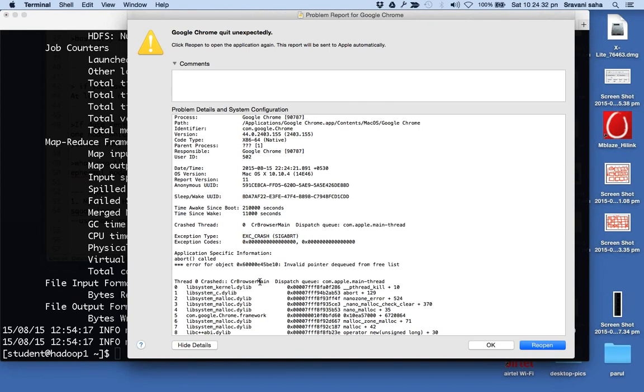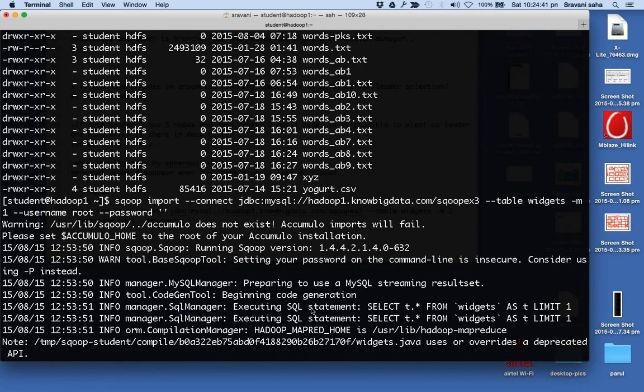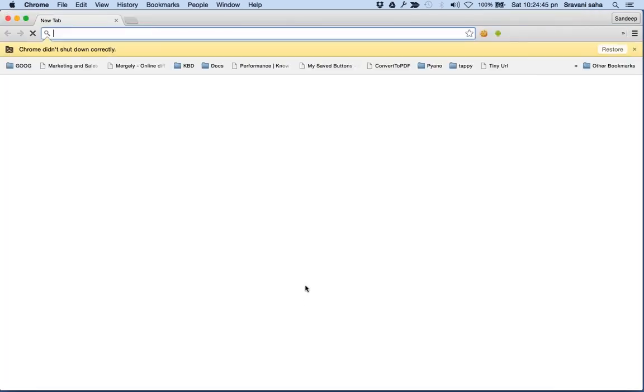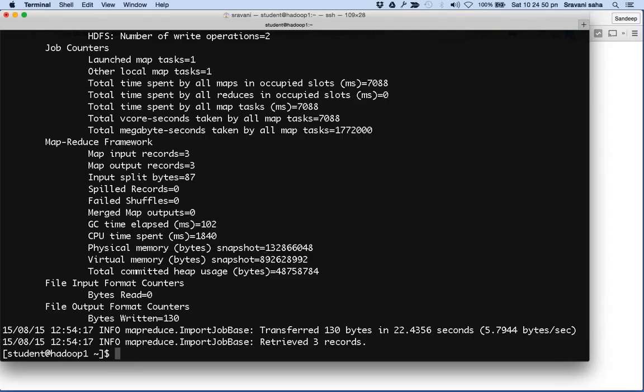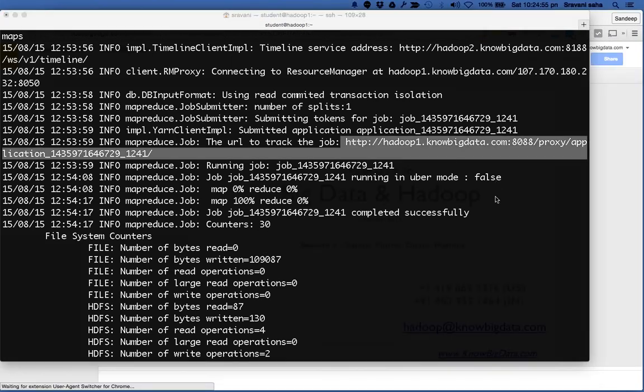So if you have number of maps m minus m equals 5, then there will be 5 concurrent connections that might open in our MySQL.